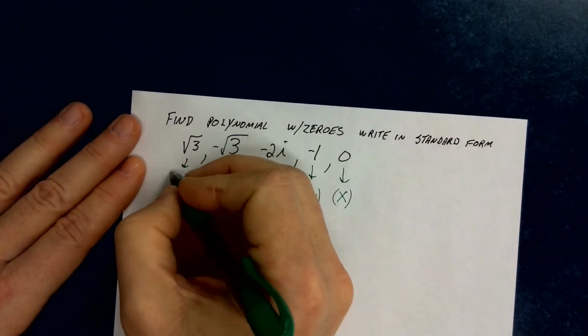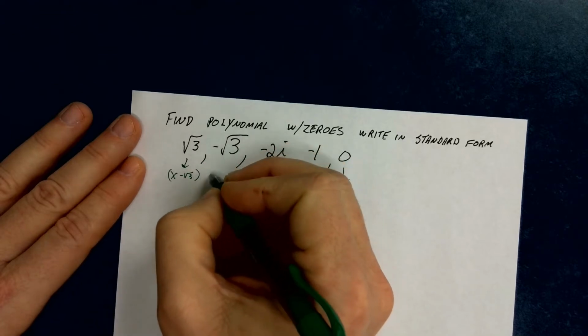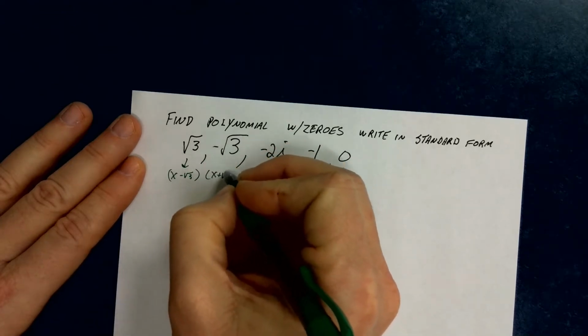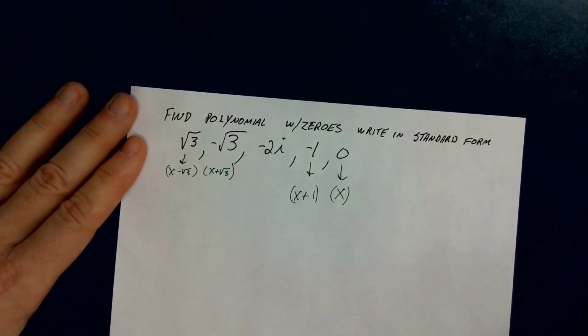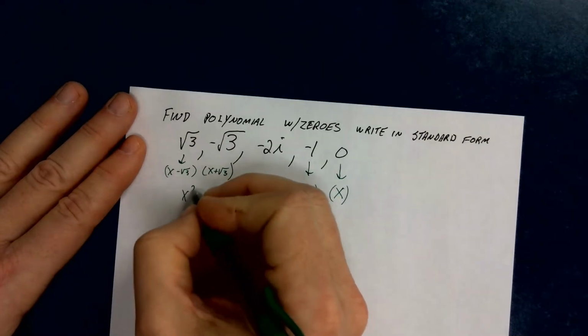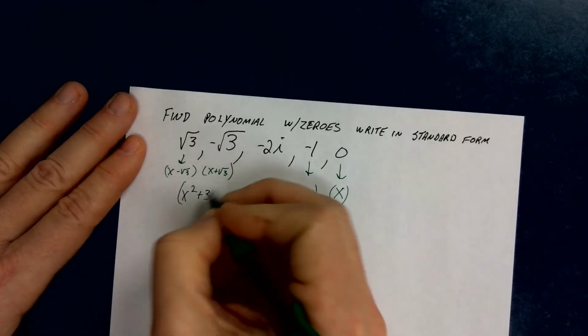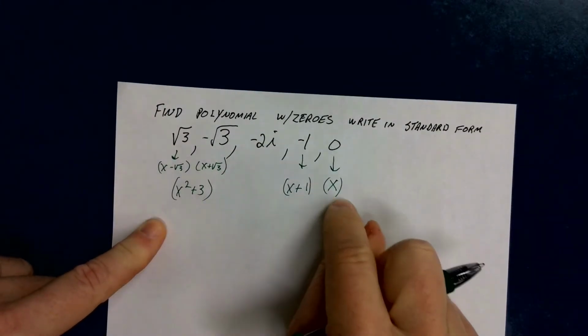If this is a 0, then x minus root 3 is a factor. And if this is a 0, then x plus root 3 is a factor, yes? And which means if I multiply these two things together, I'm going to get x squared plus 3. So now I've got 3 factors, but I'm already up to degree 4.